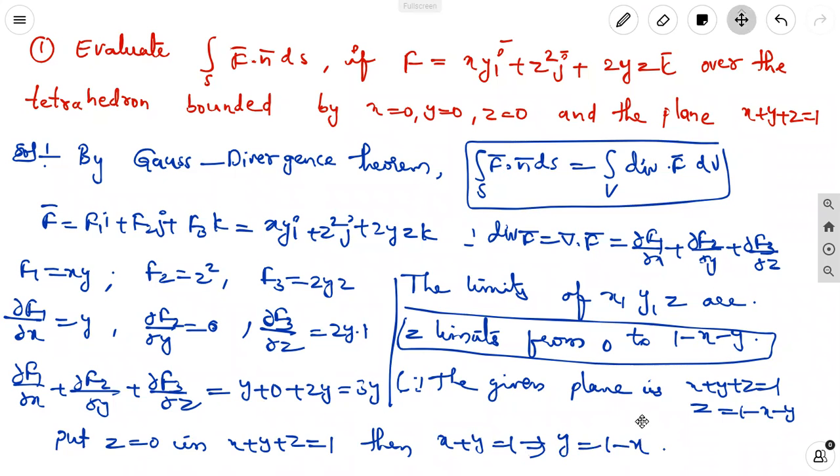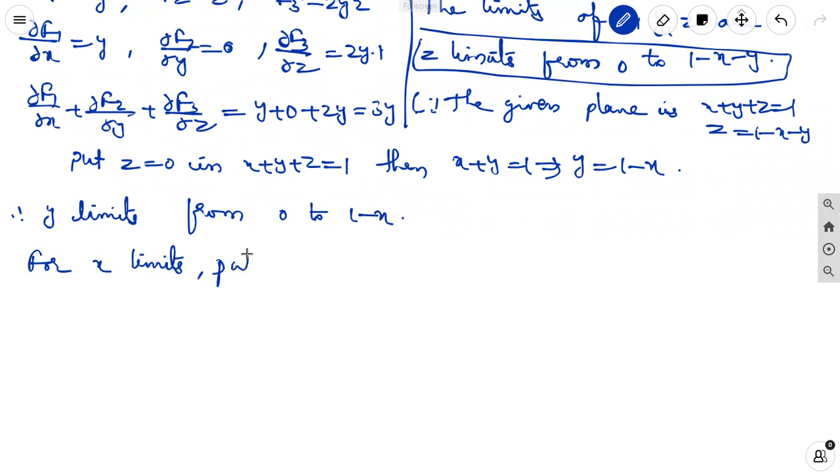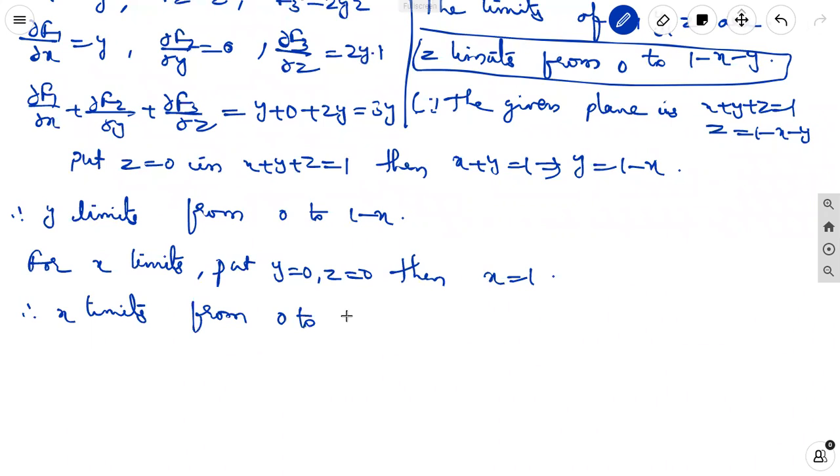Therefore, y limits from 0 to 1 minus x. For x limits, put y equal to 0 and z equal to 0. Then x will be 1. Therefore, x limits from 0 to 1.